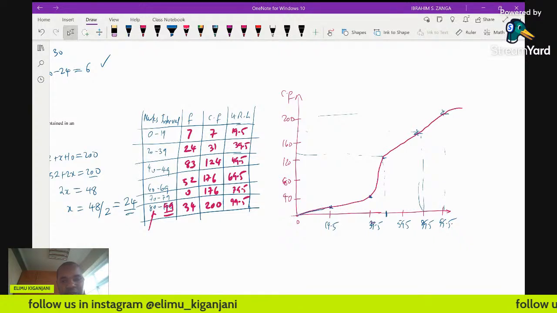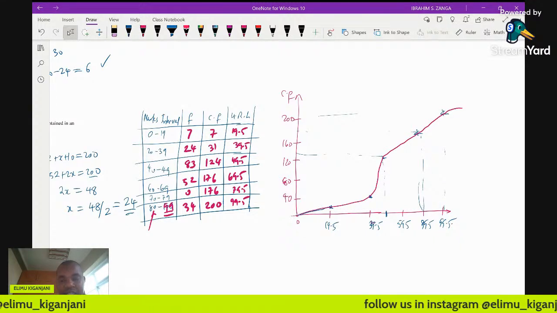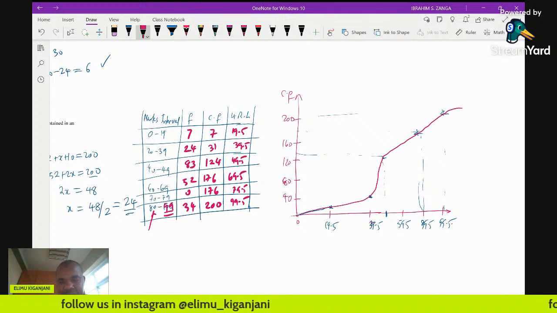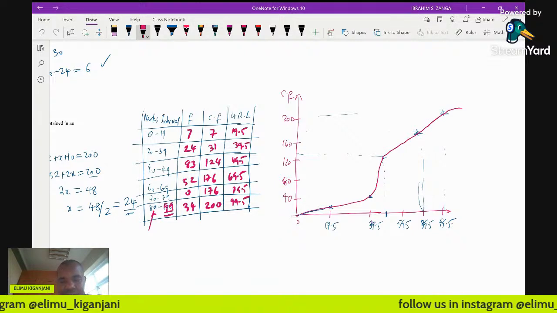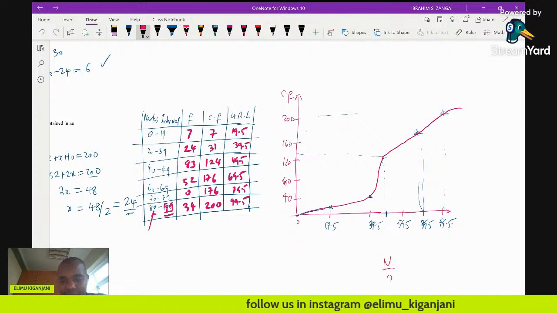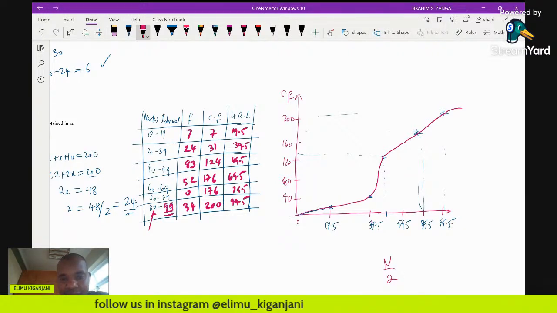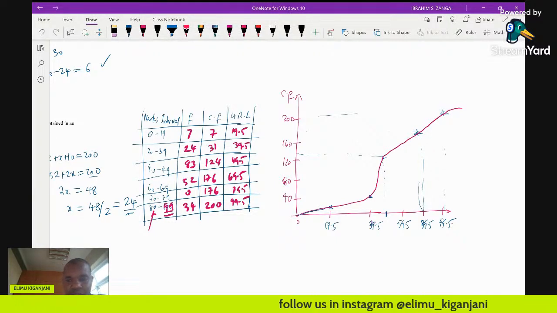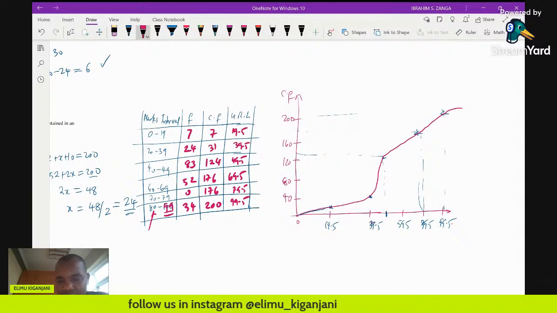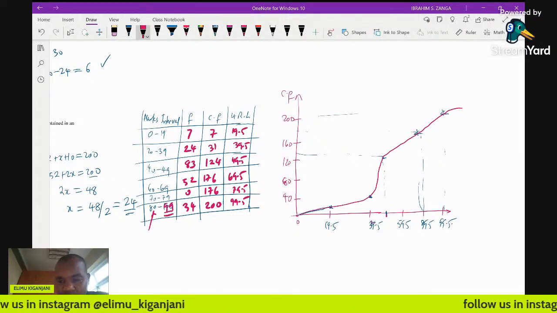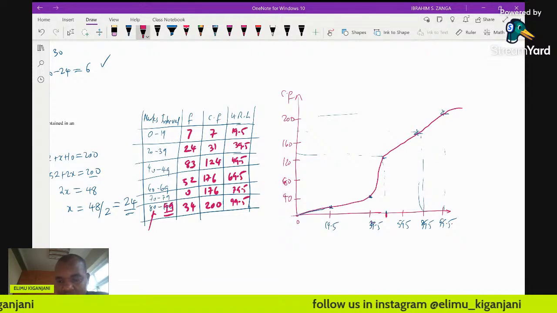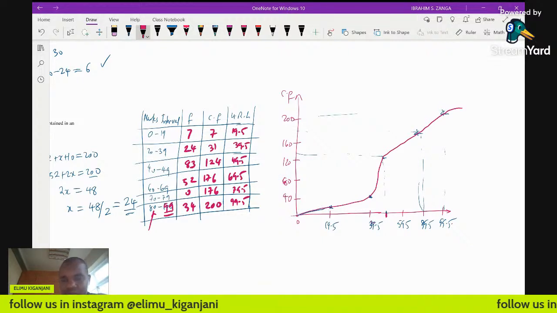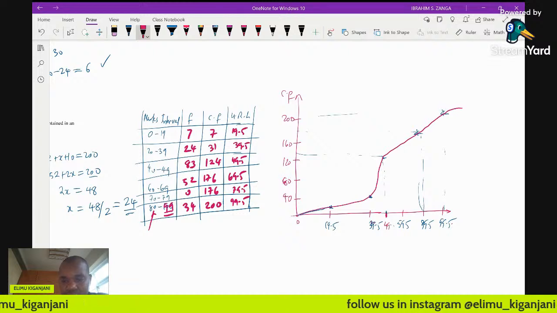Because our total marks is 100, we are going to look for students who scored less than 50. As you can see, 39.5 plus 10 is 49.5.